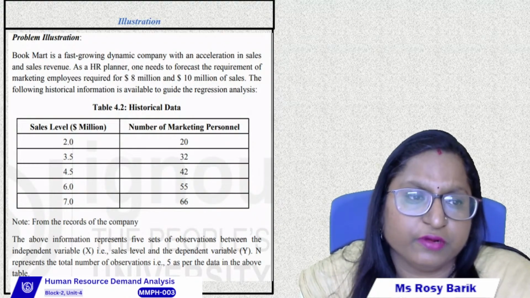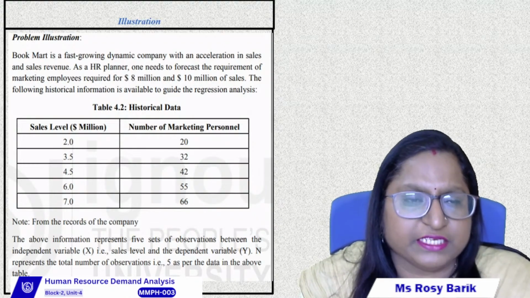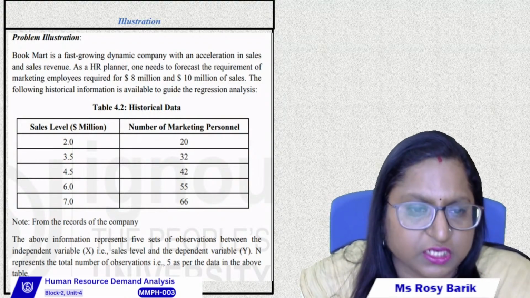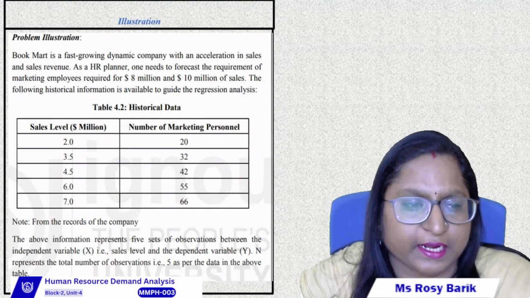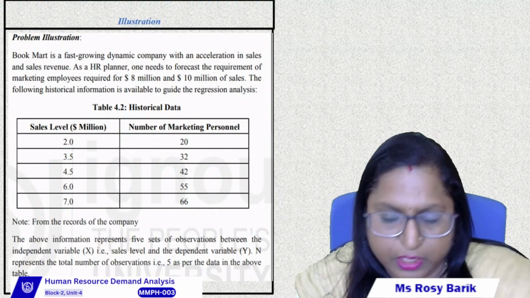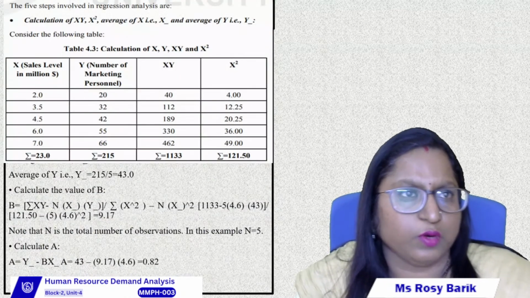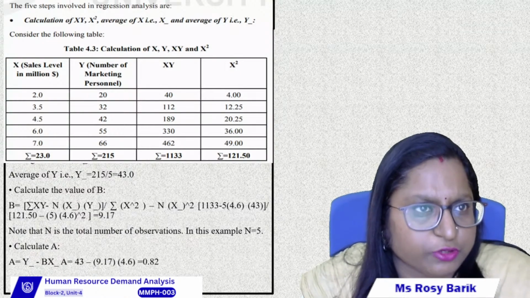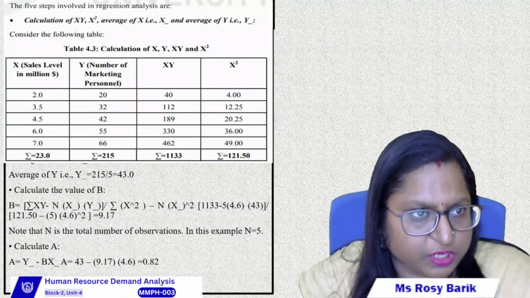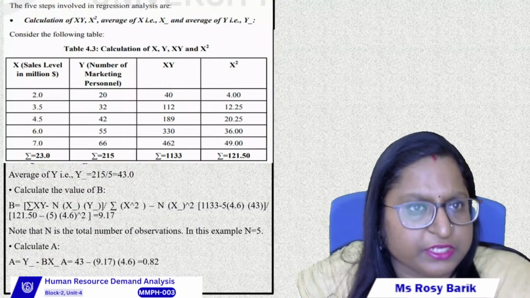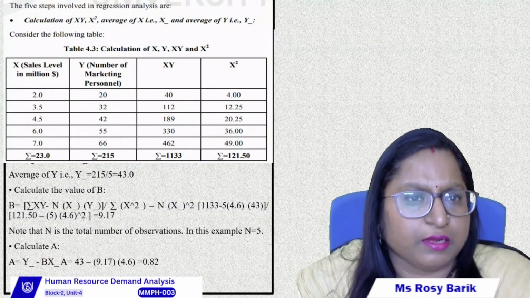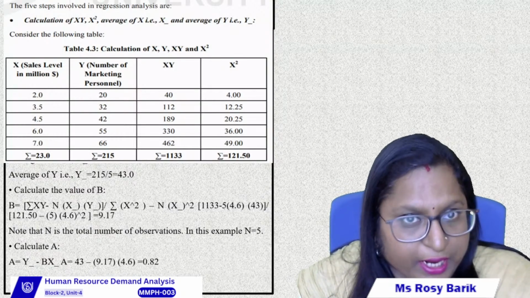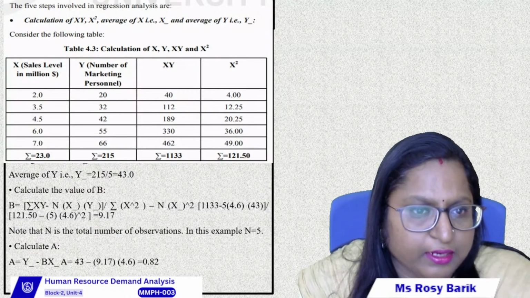The number of observations, n, is equal to 5 as per the data in the given table. So here we will calculate the regression analysis. First of all, we should calculate the summation of x, summation of y, summation of x into y, and x square.